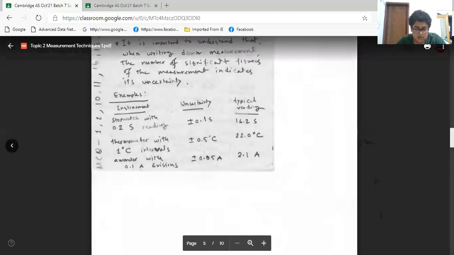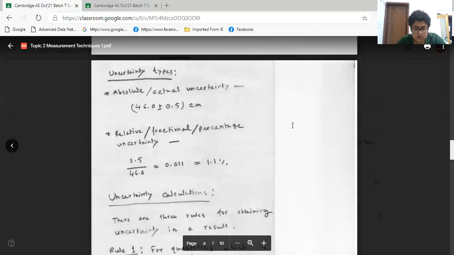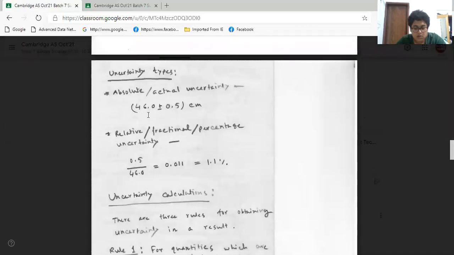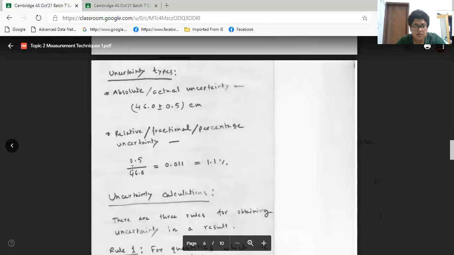Look here. We did another example like this one. Your measured value is 46 and your absolute uncertainty is plus minus 0.5. That is your absolute uncertainty. Now, the fractional uncertainty or relative uncertainty is 0.5 divided by 46.